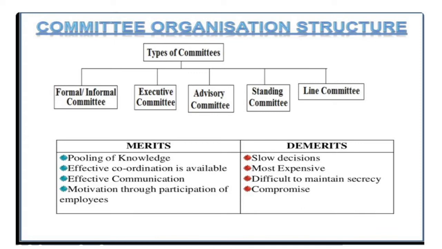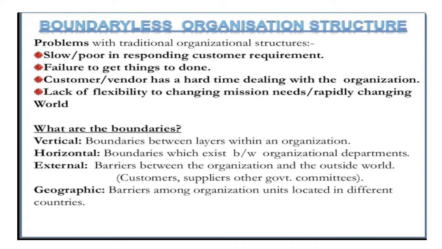It is difficult to maintain secrecy, so our secrets may be revealed by committee members to another company for money or whatever it may be. Sometimes they may also compromise in their advice.